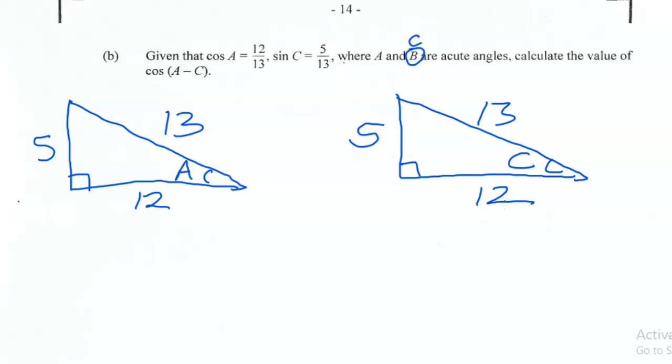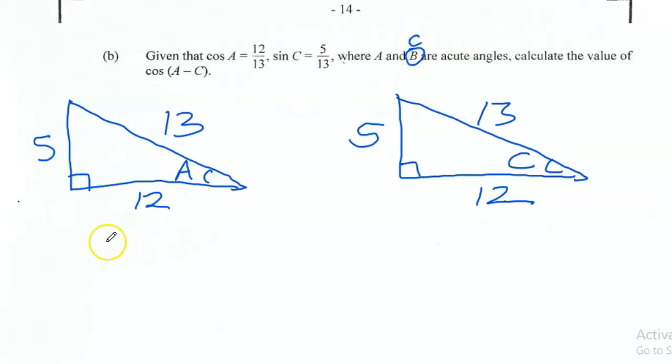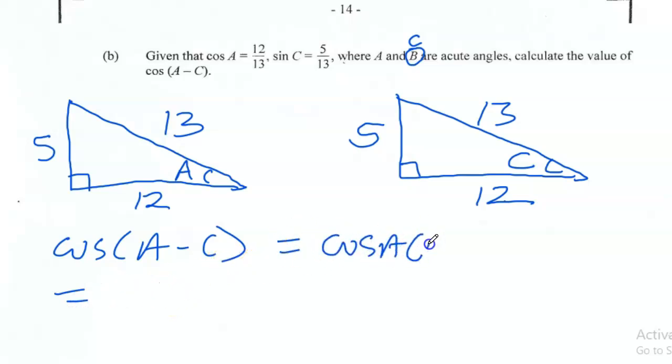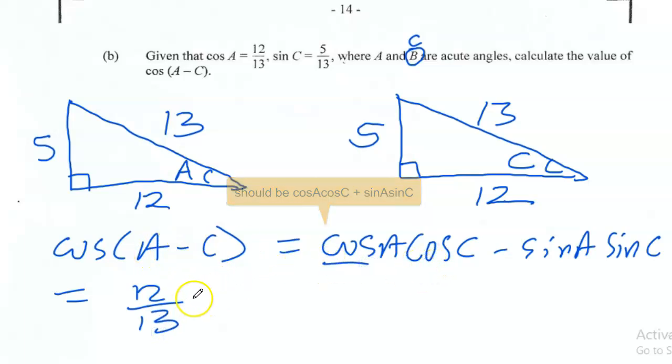Alright, we're asked to calculate cos A minus C. There's no angle B, so it must be an error there. So cos (A minus C) expands to cos A cos C plus sine A sine C. Now what is cos A? Cos A we are given as 12/13. This was the subtraction formula.